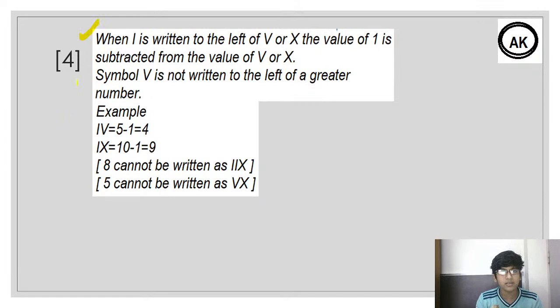If 1 is written on the left of V or X, then it gets subtracted.